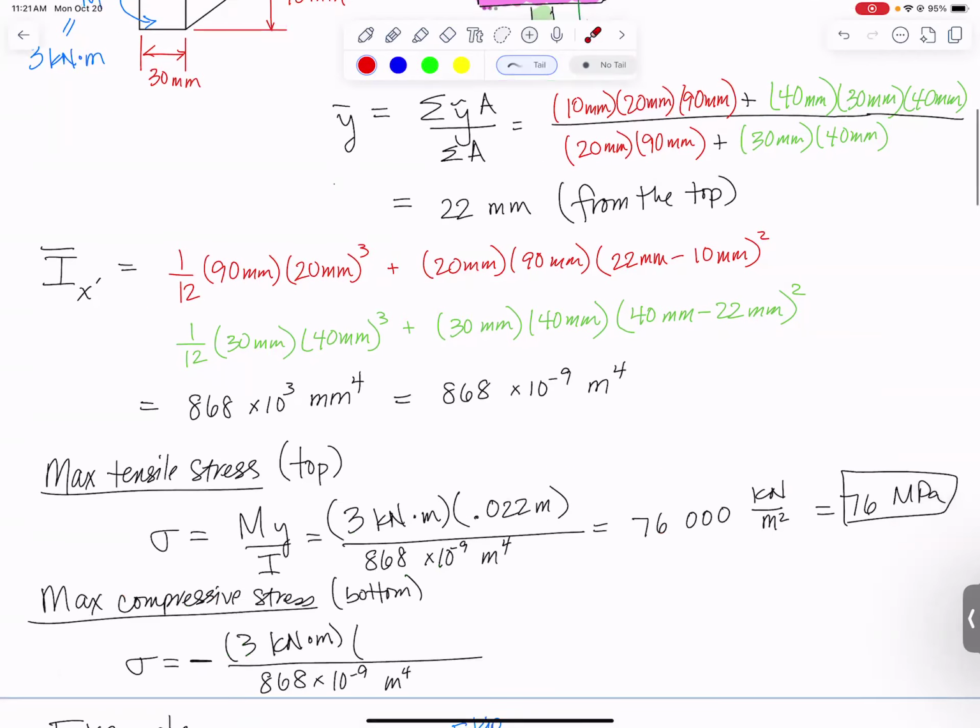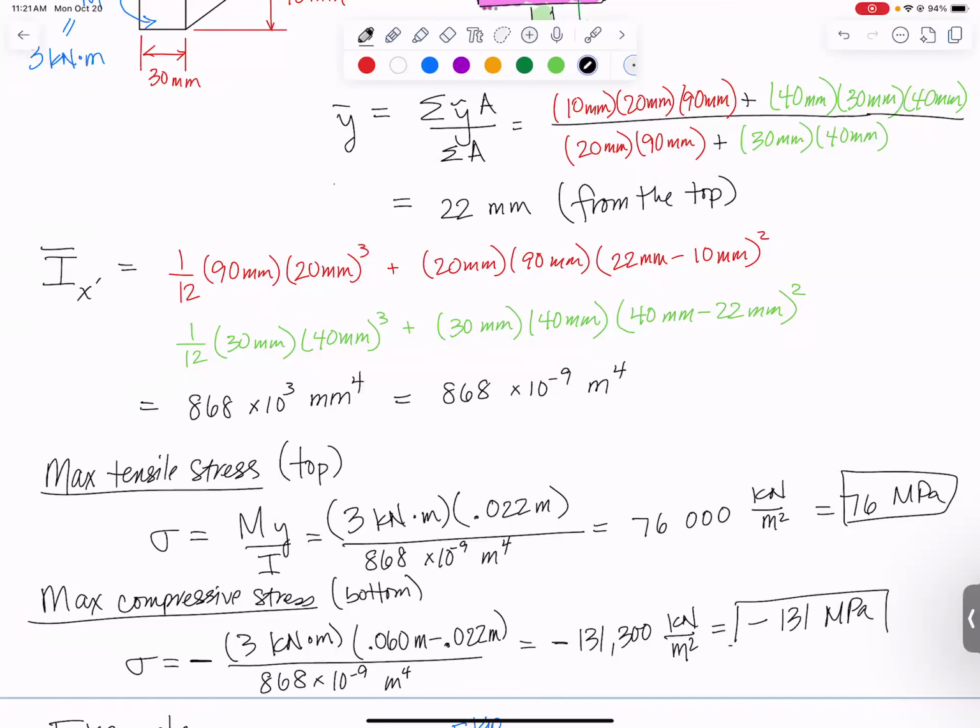So if you can't do that in your head, just call it 0.060 meters minus 0.022 meters. Total height minus how far down the centroid is. And running that through the calculator, you get minus 131,300 kilonewtons per square meter. That's a kilopascal. So that would be minus 131 megapascals.